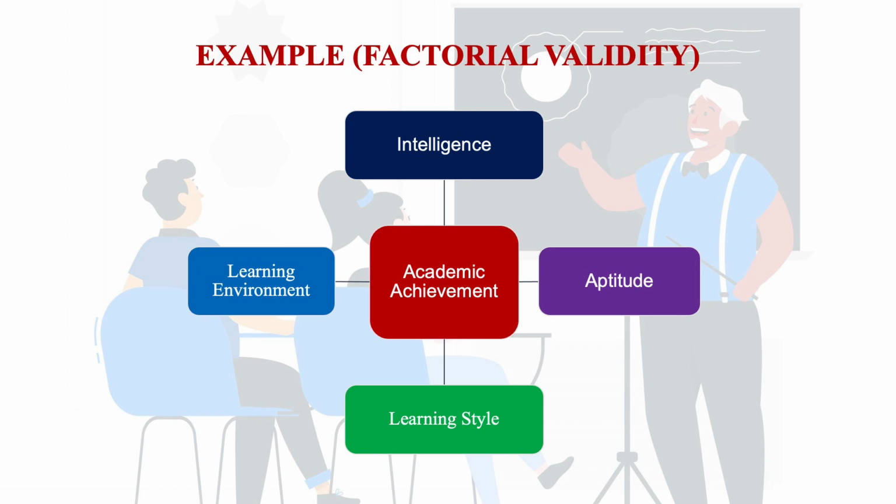So here, as an example in factorial validity, so far as academic achievement is concerned, what are the different factors of academic achievement? Here you see intelligence is one of the factors for good academic achievement. Aptitude is also another factor. Learning style is also another factor, and learning environment is also another factor. So all these four factors contribute to the validity of a tool.